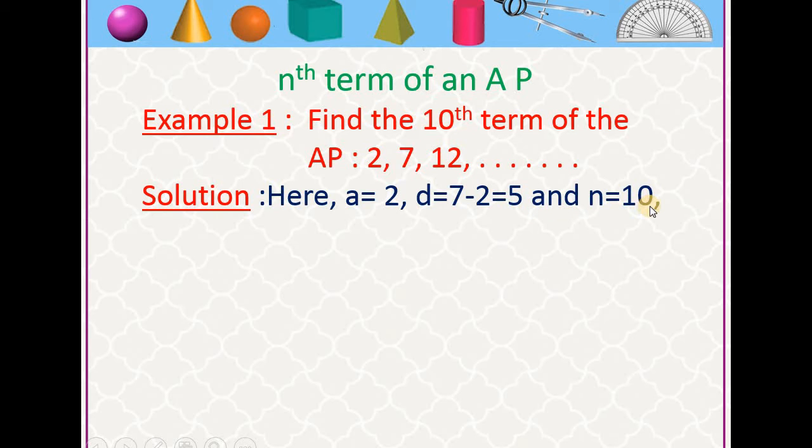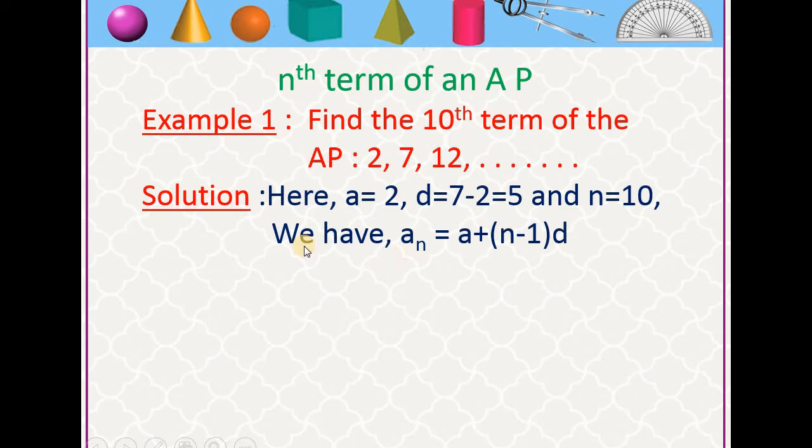And n is equal to 10, because we have to find the 10th term in this arithmetic progression. Then what is the formula to find the nth term?